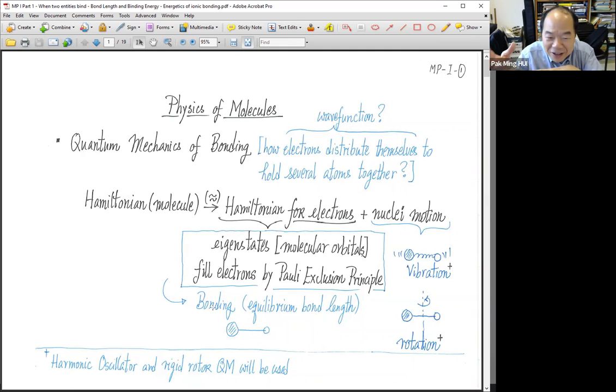That is even harder than the helium atom. That's true. Nobody can do the H2 molecule, which is meant to be the simplest molecule. So it's a very sad situation if you think about it. But the good news is that there are very clever approximations that we can make, and then we have a very good understanding of the physics of molecules.